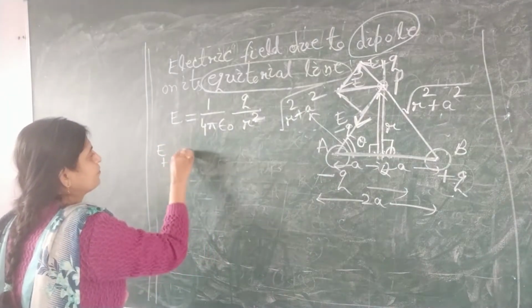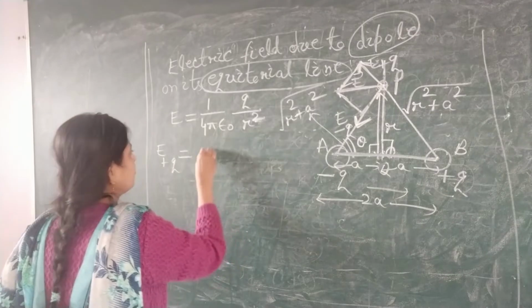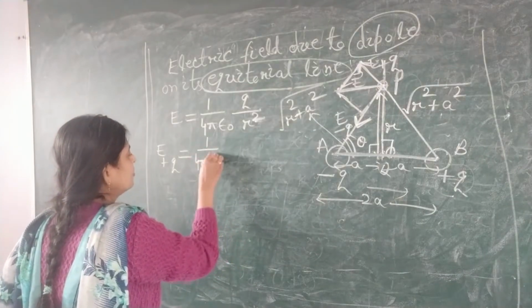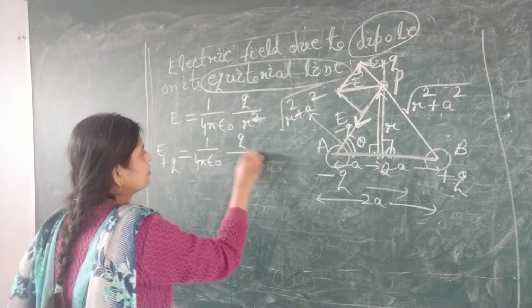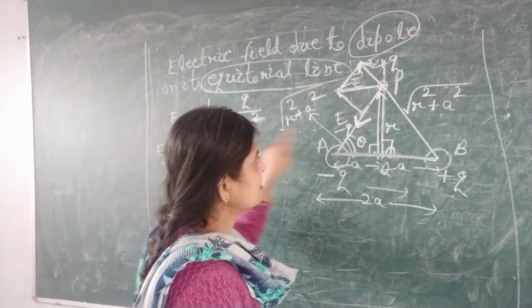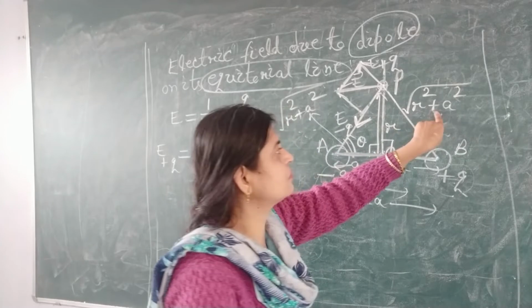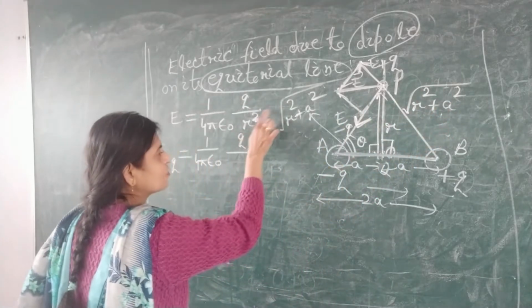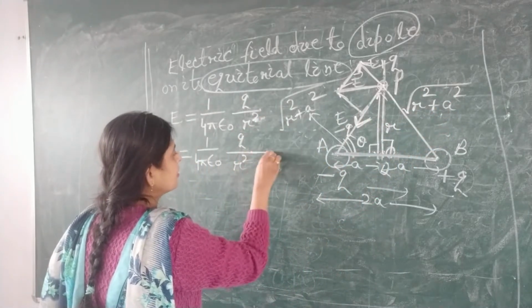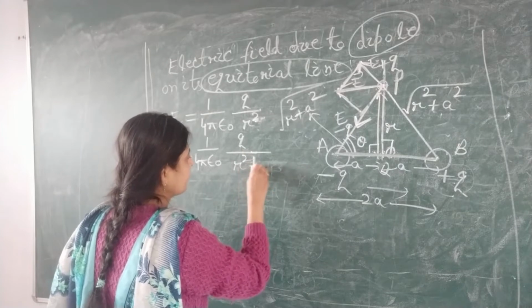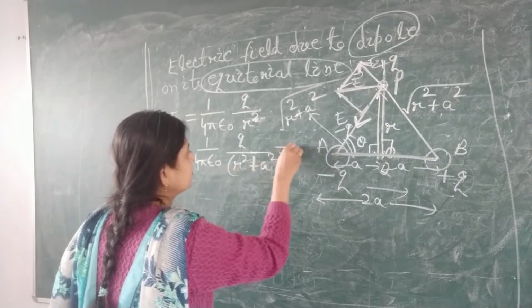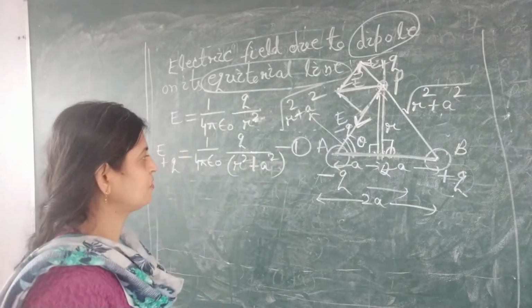According to this formula, it is equal to 1 by 4 pi epsilon naught q divided by r square. Instead of r, the distance is BP, which is the square root of r square plus a square. So r square means we can write r square plus a square. Suppose this is equation number 1.